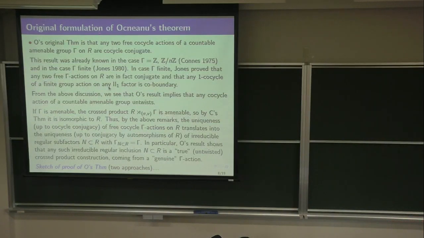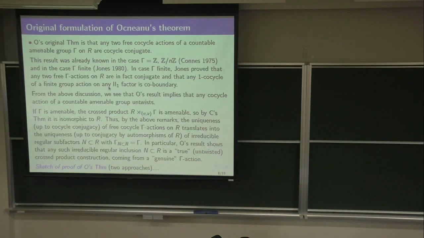Now, this result was already known, so this is the way things happened historically. It was Connes who proved it for gamma, basically for automorphism. So he classified all automorphisms, periodic or aperiodic, of the hyperfinite II1.